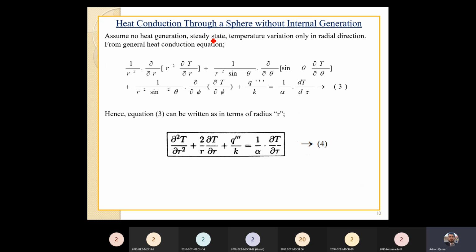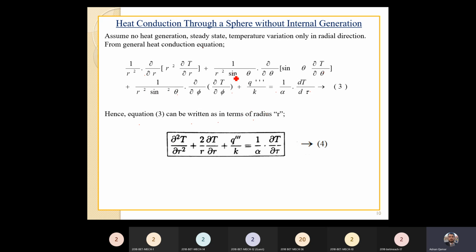So assume no heat generation, steady state, temperature varies only in the radial direction, from the general heat conduction equation. We have derived this equation right now. Say it is equation 3. Hence equation 3 can be written in terms of radius r, because we are considering that there is only heat transfer in the radial direction.